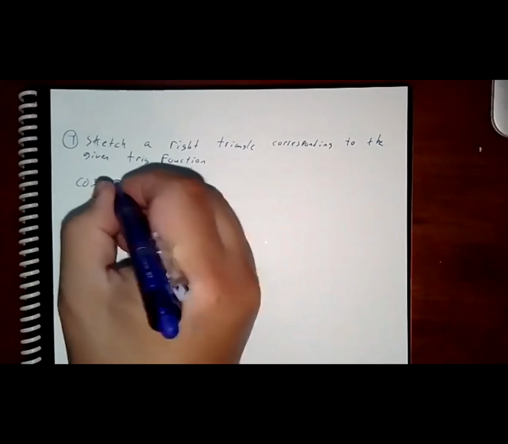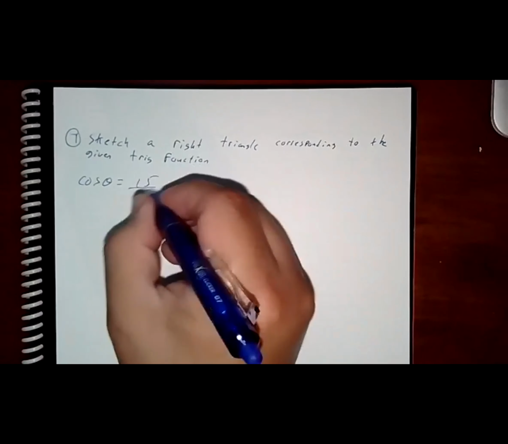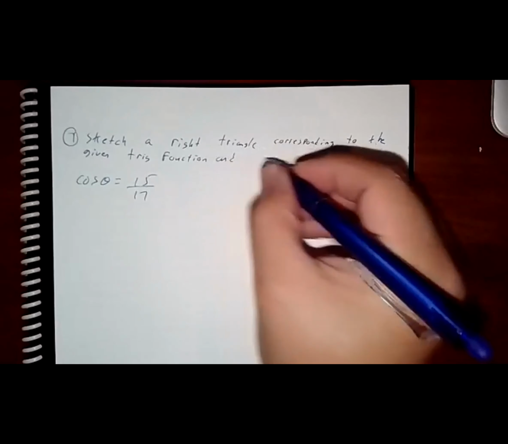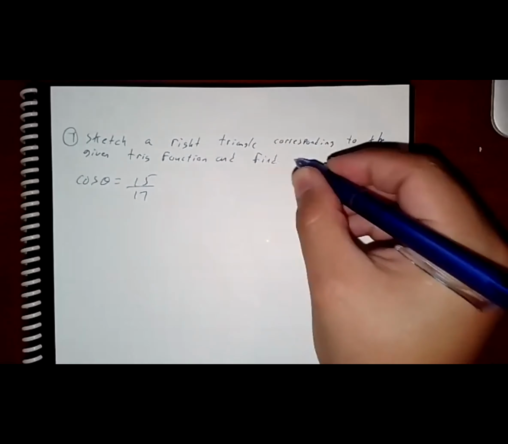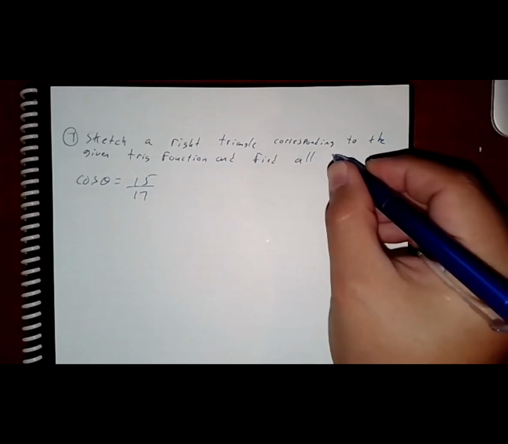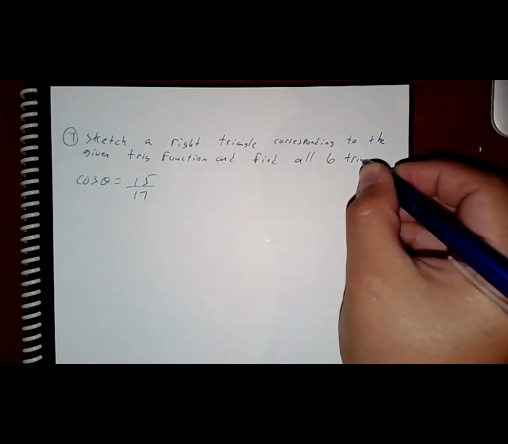So what they do is give us cosine. And they ask us to find the rest, but first sketch the triangle and find all 6 trig functions.